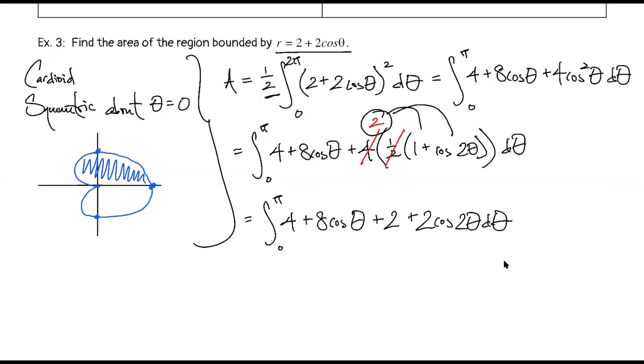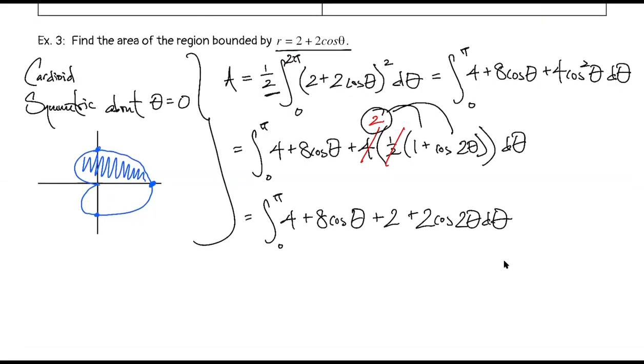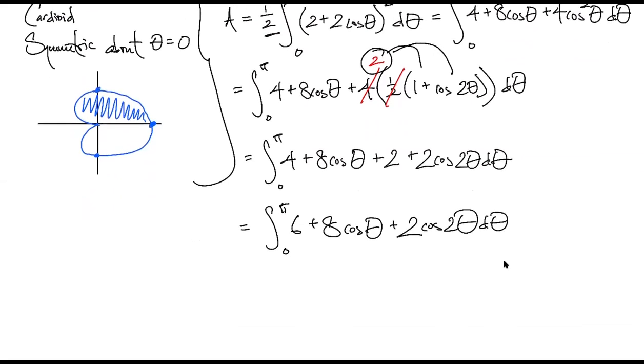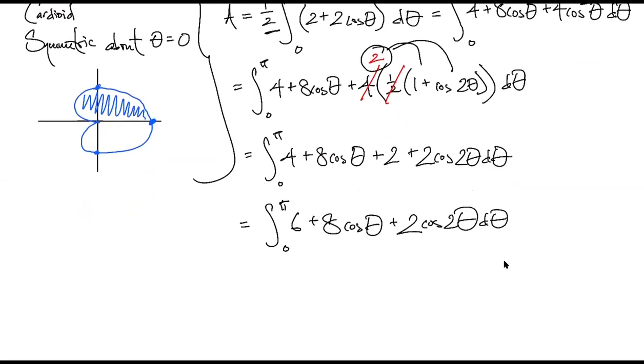Now at this point, I can combine some like terms. So 4 plus 2 is going to give me 6. And I could end up with 6 plus 8 cosine theta plus 2 cosine 2 theta d theta. And then every term I have in here is now able to be integrated.